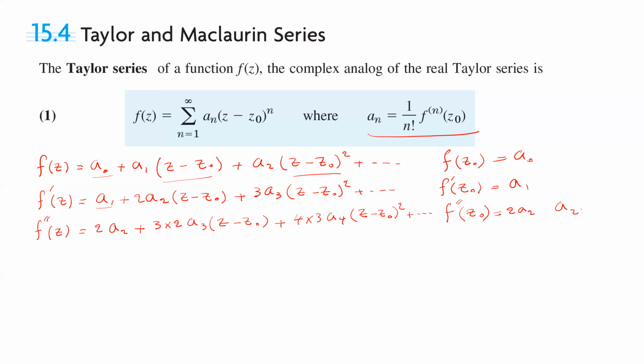So a2 becomes 1/2 of the double derivative evaluated at z naught.